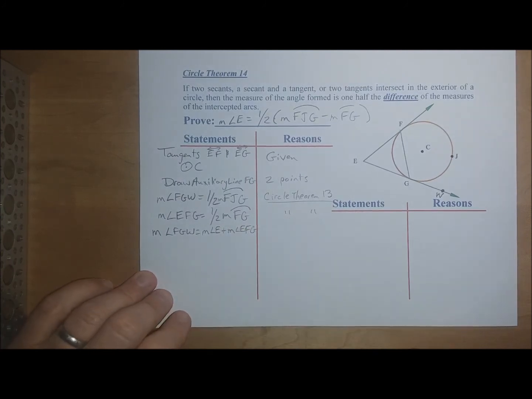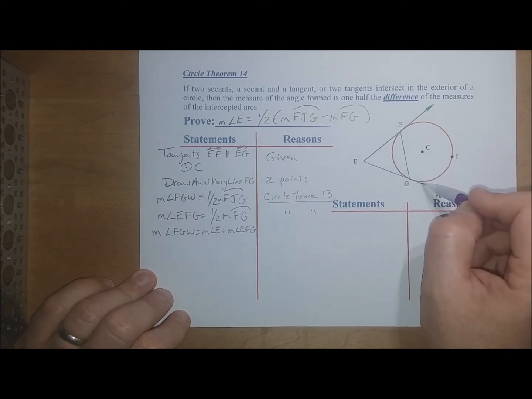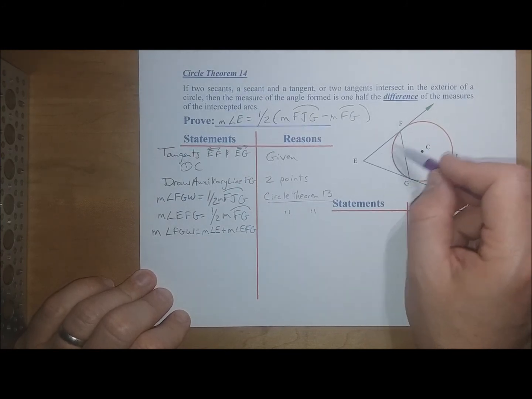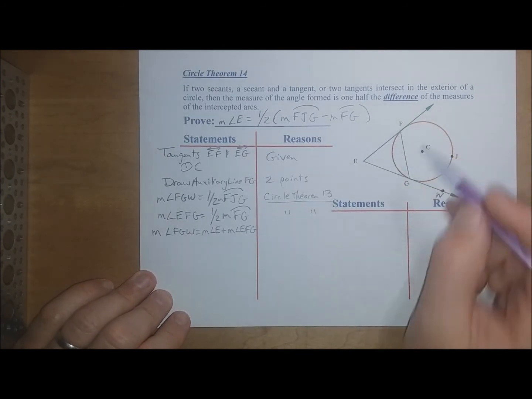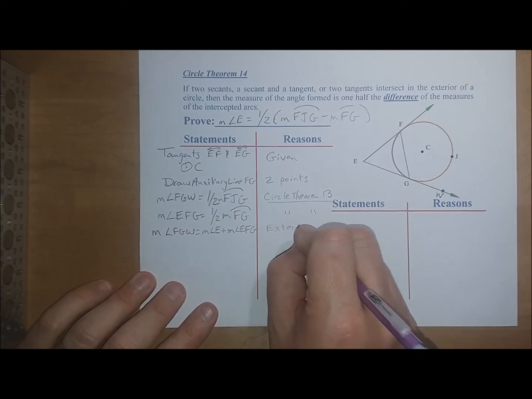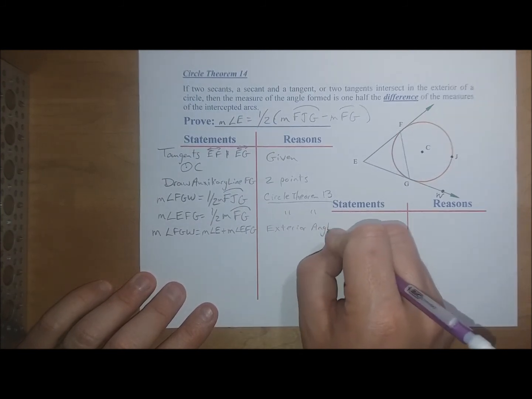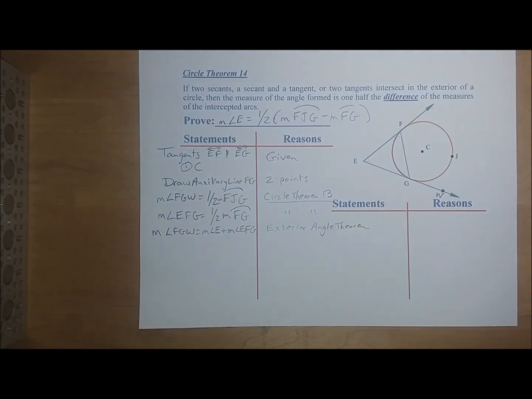The reason is, for this exterior angle in this triangle, the two remote interior angles are these guys right here. Exterior angles always equal the sum of the two remote interior angles. Okay, that's our exterior angle theorem.